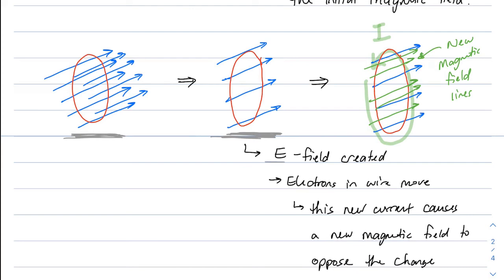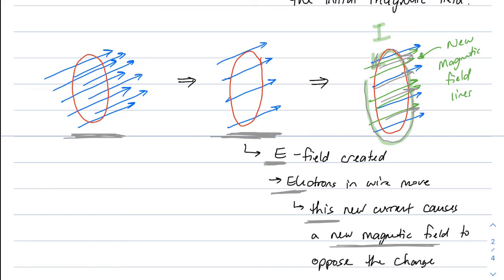The changing magnetic field creates an electric field. That electric field causes electrons to move. Electrons moving is just current. That current creates a new magnetic field that opposes the change. So I've created this current here that's creating these new magnetic field lines to oppose the change. So it's a pretty fascinating process, and this whole thing is called Lenz's law.